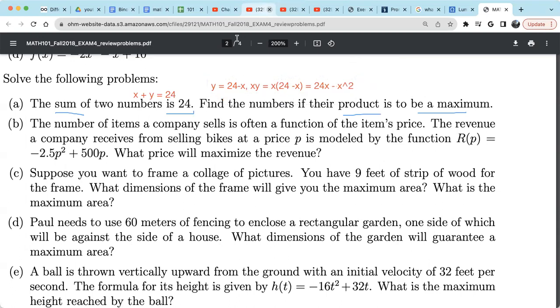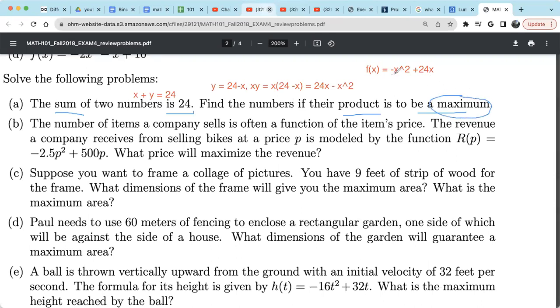If I think about the product as a function, I can think, okay, if I have to make a model of it, the model is f of x equals 24x minus x squared, which is a negative x squared, because I want to write them in order, plus 24x. A quadratic function, right? So you see, I have made a quadratic function out of this. Now I'm looking for the maximum value.